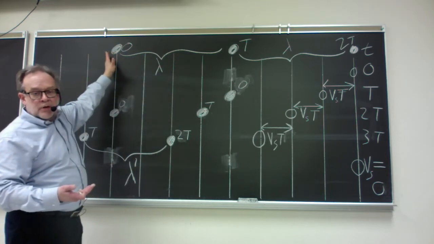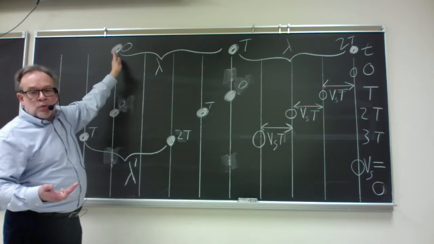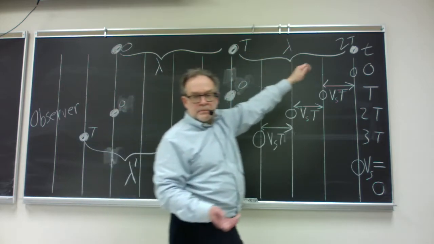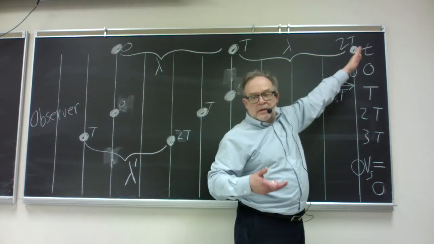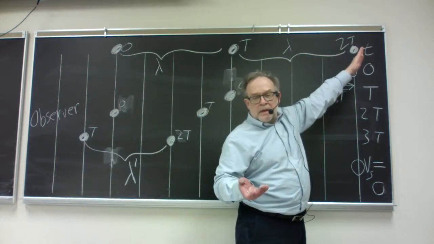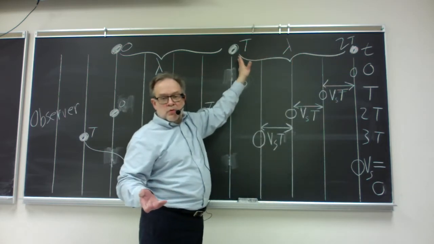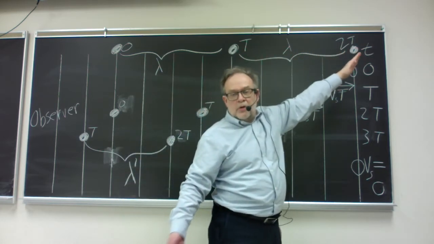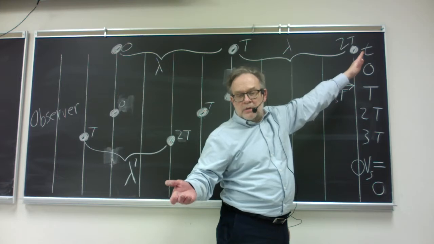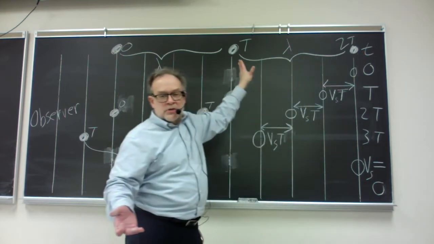it would move here. And meanwhile, right at the beginning of the second cycle, a second pulse would be emitted, and during that second cycle, it would move from there, where the stationary source is located, to here.